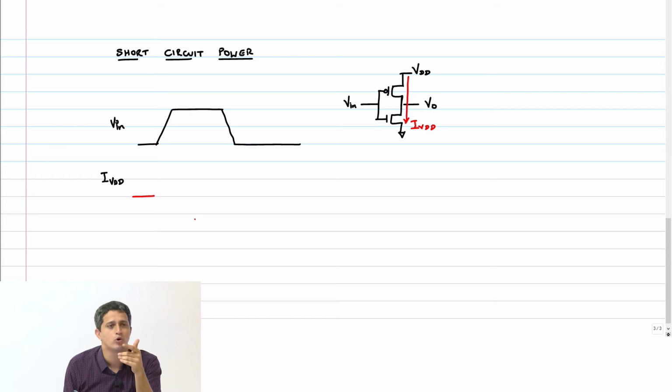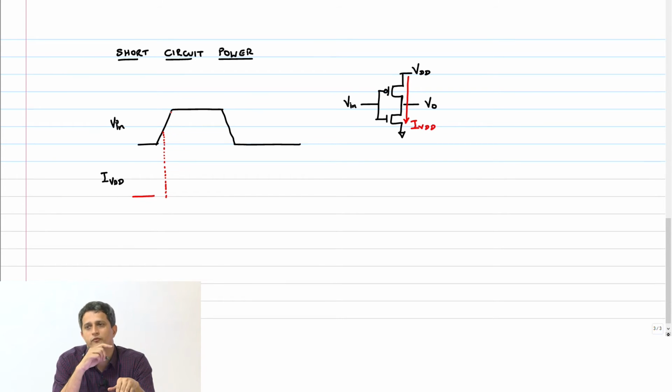When V input crosses VTN, obviously it is going to turn on the NMOS transistor. PMOS is obviously turned on already. Therefore, you will start having IVDD after V in crosses VTN. Now, at what point will it turn off? Will it come back to 0 again?